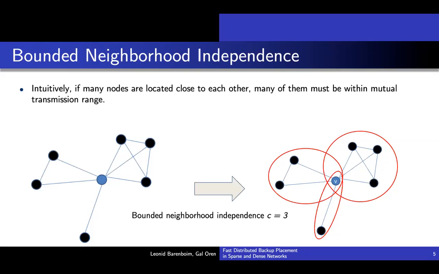More intuitively, looking at each vertex and dividing its neighbors into clusters, we ask, what is the minimum number of clusters into which we can divide those neighbors such that in each cluster, all of the vertices are connected? For example, a bounded neighborhood independence can be exemplified in the diagram where a vertex V belongs to at most 3 cliques.